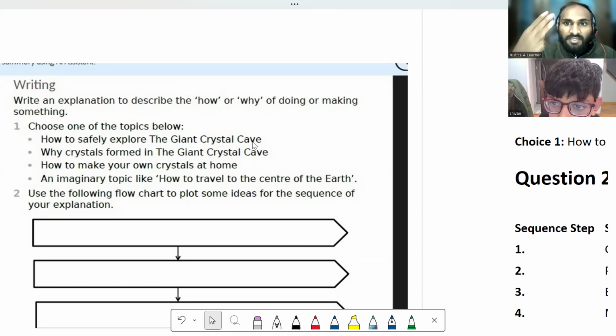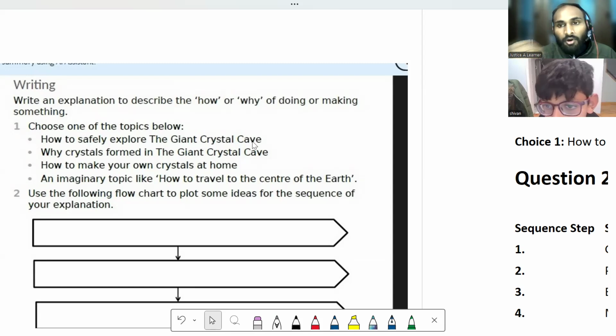Then these three fingers show supporting sentences, the sentences which will support the paragraph. Then you will write all the data, and this little finger shows that you have to sum up. You have to write a conclusion, a summary at the end. So that is the rule of five that is involved in the process of creative writing.